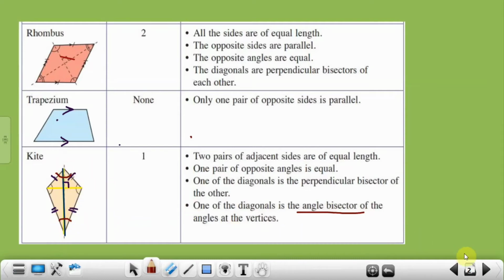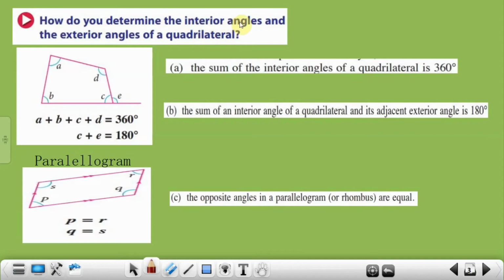Alright. How do you determine the interior angles and exterior angles of a quadrilateral? Okay, in a quadrilateral, we have four interior angles, A, B, C, and D. And if we sum up A, B, C, and D, the summation of all interior angles will equal 360.